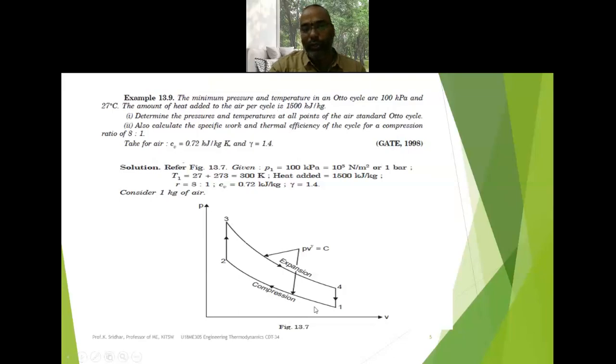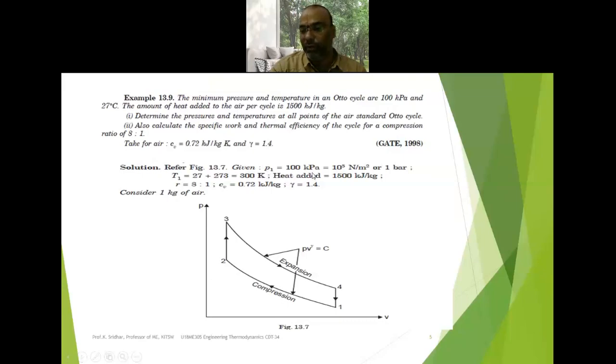In this PV diagram, you have the minimum pressure only at point number 1. At point number 1 it is P1, and here it is P2, P3 and P4. The minimum pressure is at P1, and the maximum pressure and temperature you observe at point number 3. So here he has written P1 is equivalent to 100 kilopascals.